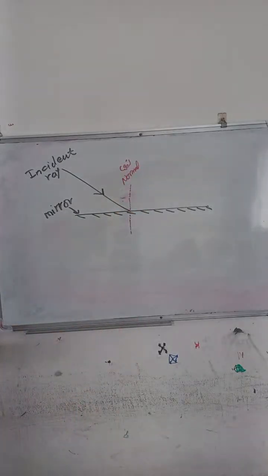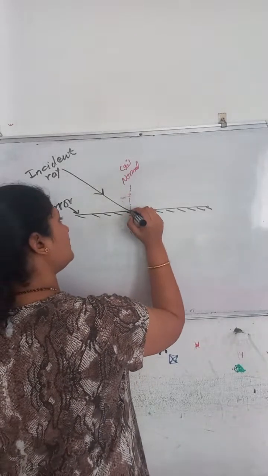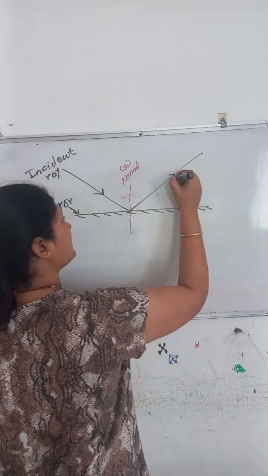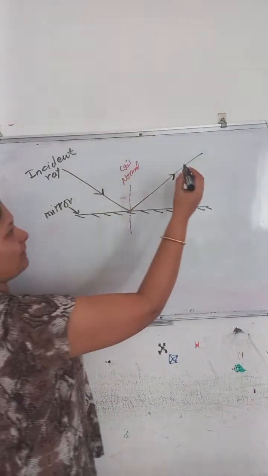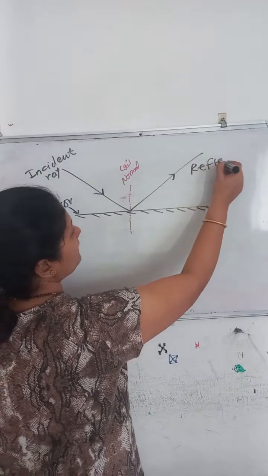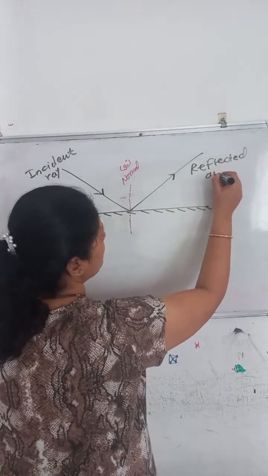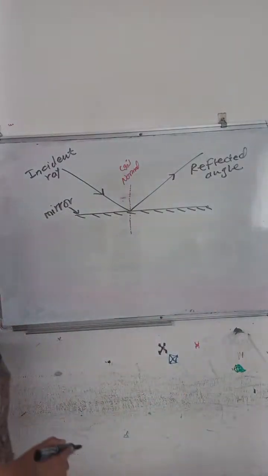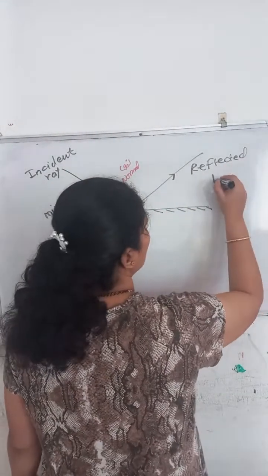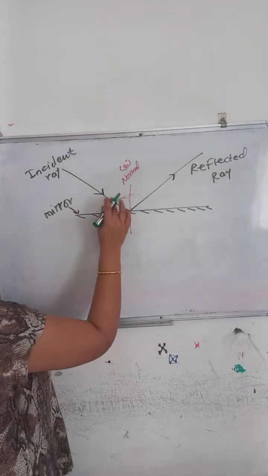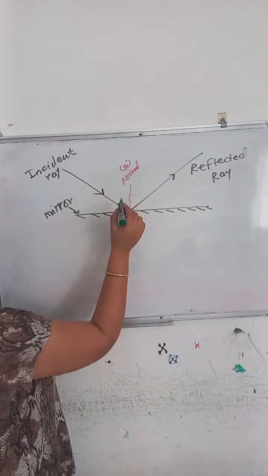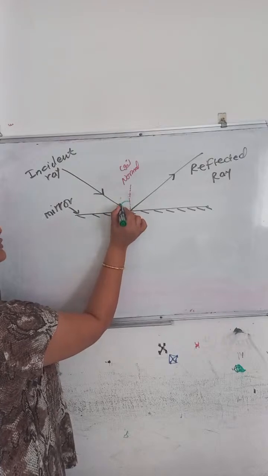From this point of incidence, the ray of light gets reflected back. This is known as the reflected ray. And here if you observe it properly, the angle of incidence we are always measuring with reference to the normal.